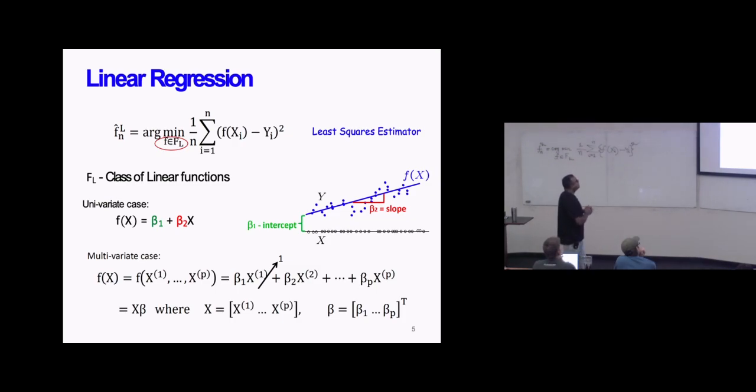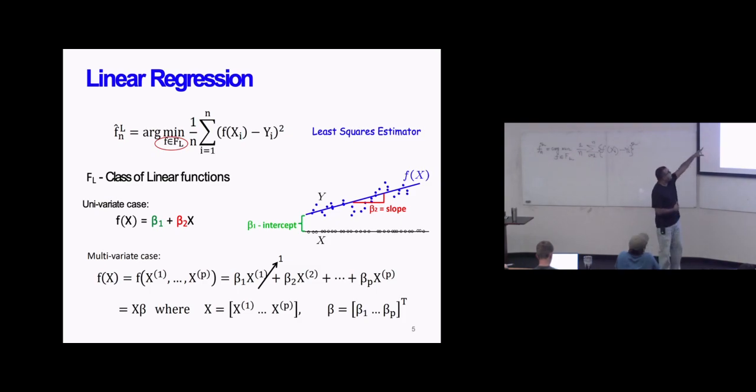Now the question is, what is our f? And because we are talking about linear regression in this class, we'll go to non-linearity after midterm. But because we are talking about linear, we are essentially talking about some kind of dot product, linear combinations, right?